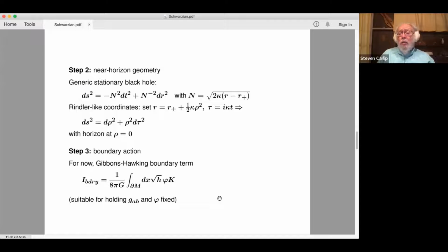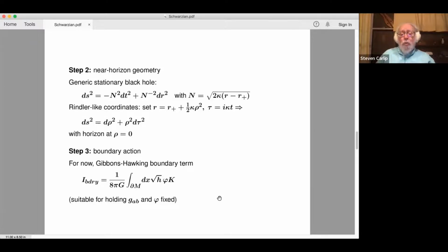There's another under-recognized paper by Martin, Medved, and Visser who show that this is generically true for non-extremal stationary black holes, that you can always write the rt part of the metric in a form that looks essentially like Schwarzschild.